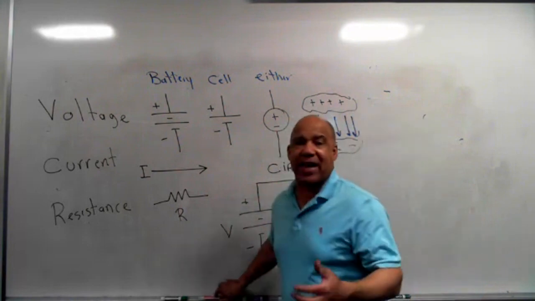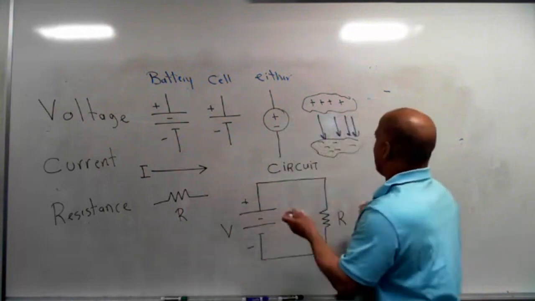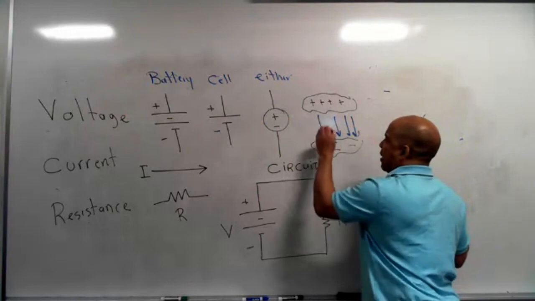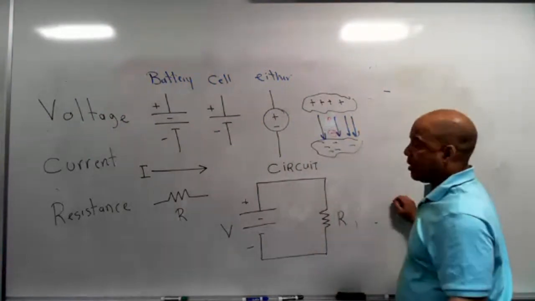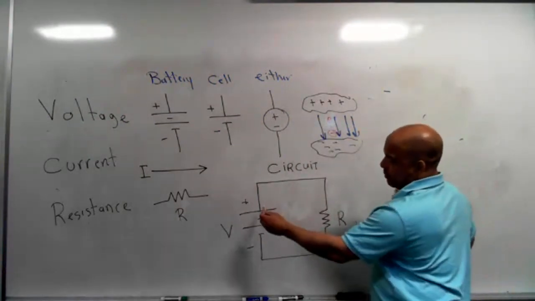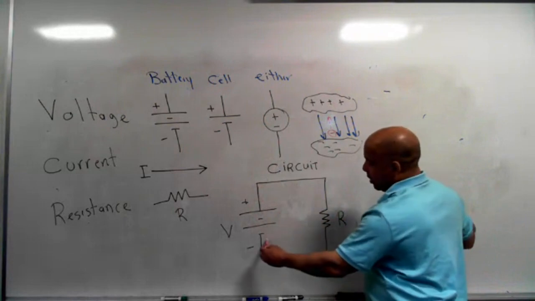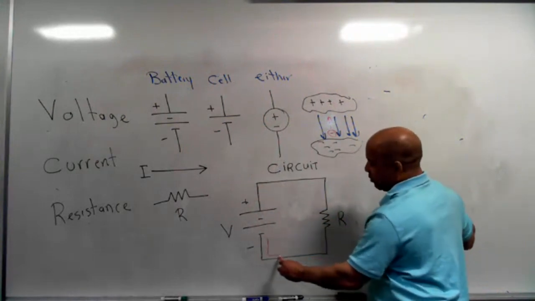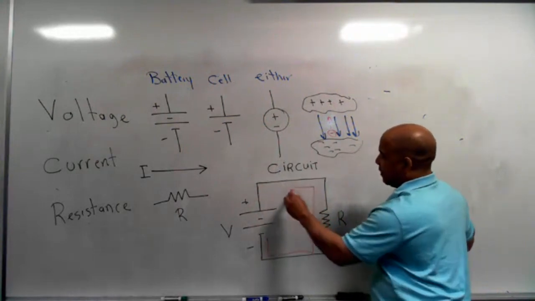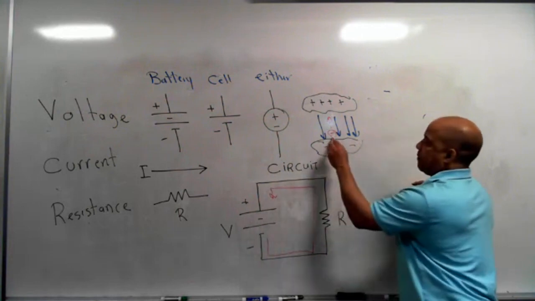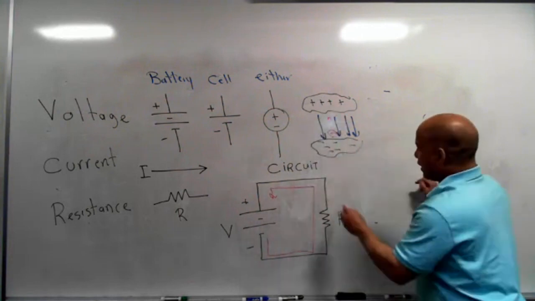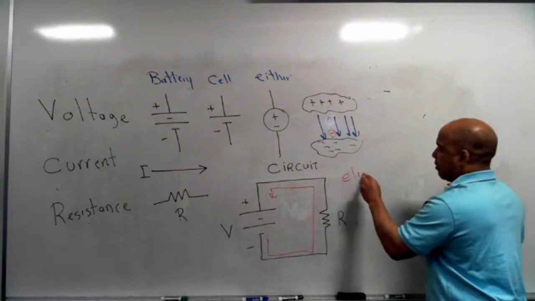And then my electrons are going to move to make the current. These are my electrons. They're going to move that way. So in this picture, if I want to draw the current flow, I draw it like this. Electrons go from negative to positive. That's called electron flow.